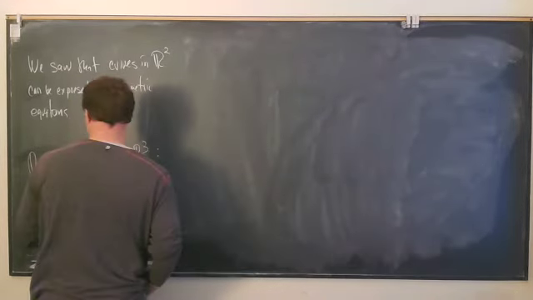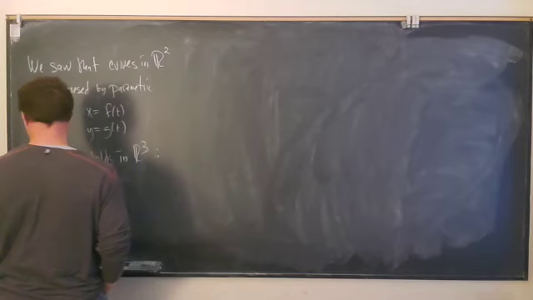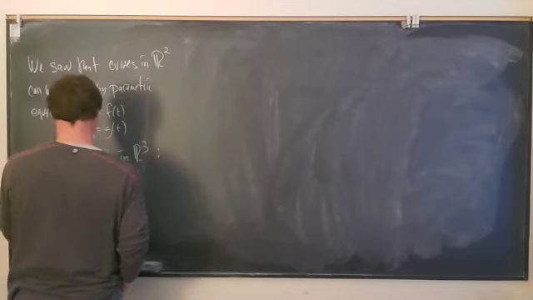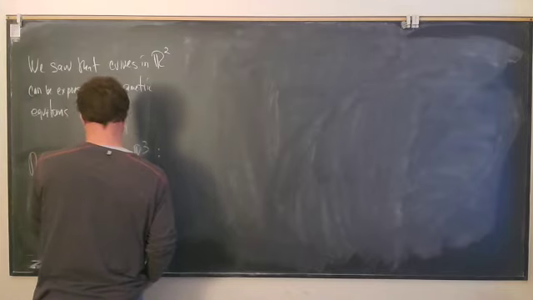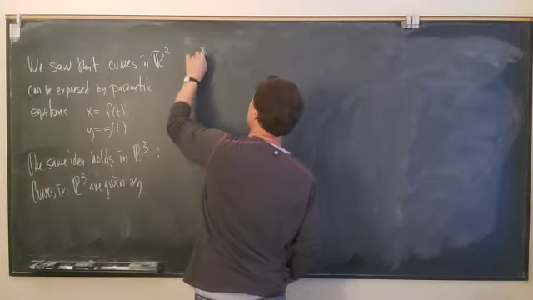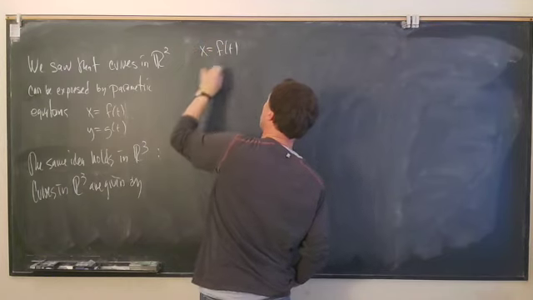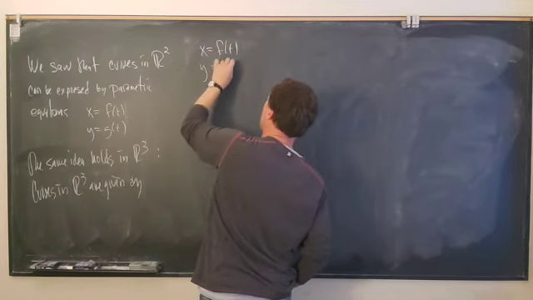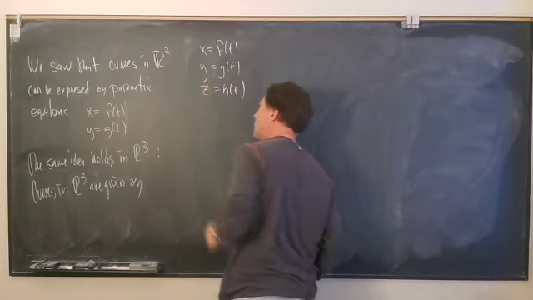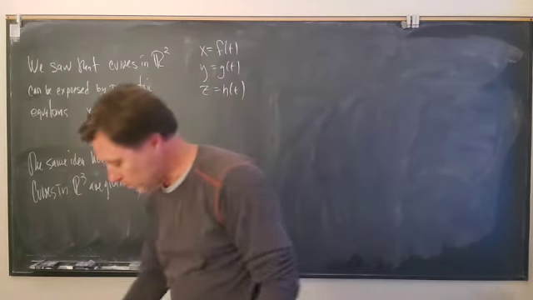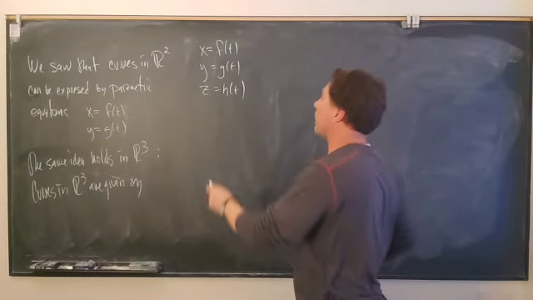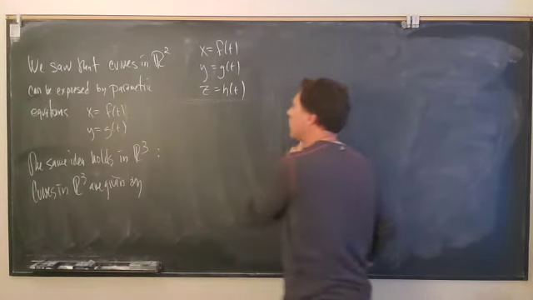So curves in R3 are given by x equals f of t, y equals g of t, and z equals h of t. So these are the parametric equations of a general curve in R3.